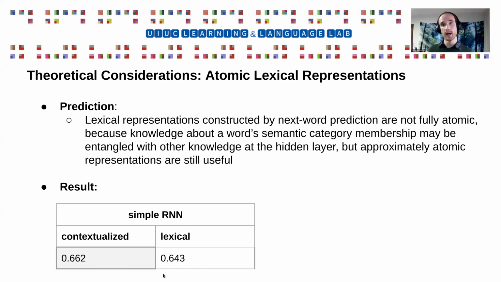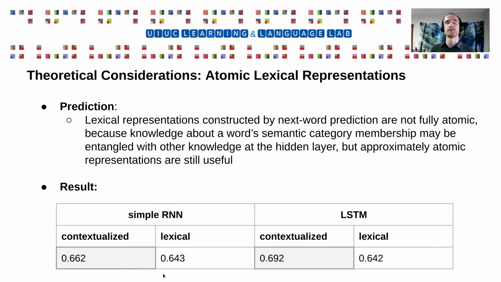I've done this with the more sophisticated recurrent model, the LSTM, and I find a similar qualitative pattern. In fact, the LSTM, being more sophisticated, can extract much more semantic category knowledge at the hidden layer. So compare 66 to 69. But interestingly, the same amount of semantic category knowledge trickles down to the lower levels of the network. So there's really no advantage to using this more advanced model compared to the simple RNN when you're just looking at lexical representations.